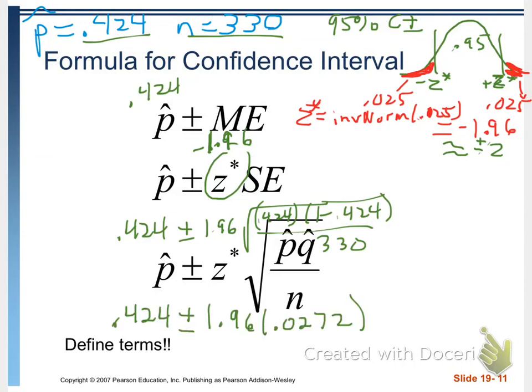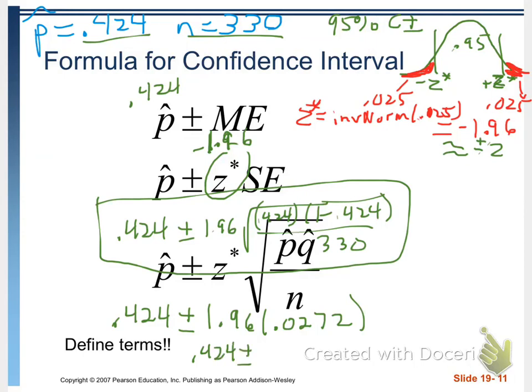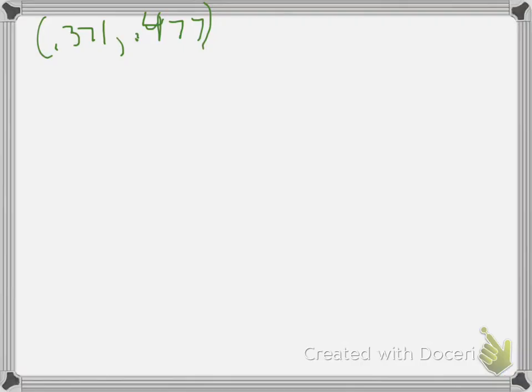So I did this calculation here, and I get 0.424 plus or minus 0.053, and so if I write that out, so there's my confidence interval, and we've got to interpret it, okay, at the 95% confidence level.